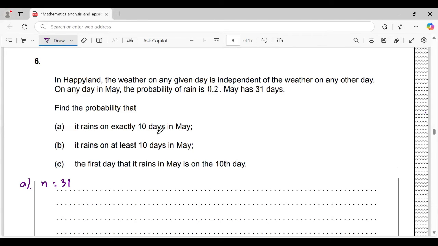We're going to find the solution based on binomial distribution. So R is 10, and the probability of rain is 0.2, so Q is 1 minus 0.2, which is 0.8, right?